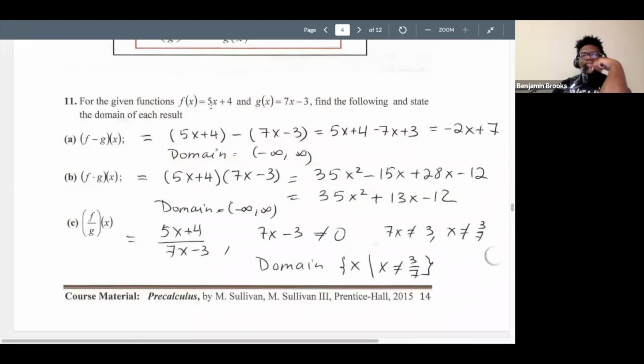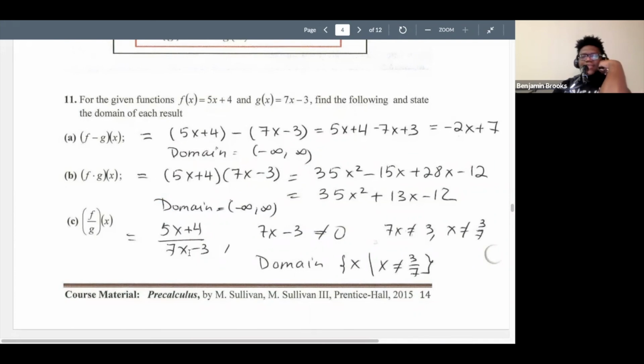If you have f of x is equal to 5x plus 4 and g of x is equal to 7x minus 3, and you subtract the two, all you would do is multiply the negative out and you would combine your like terms and so on and so forth. Same thing with multiplying the two values and dividing. If you divide the values, however, note that your domain will probably be restricted because your denominator cannot be 0, as we talked about.